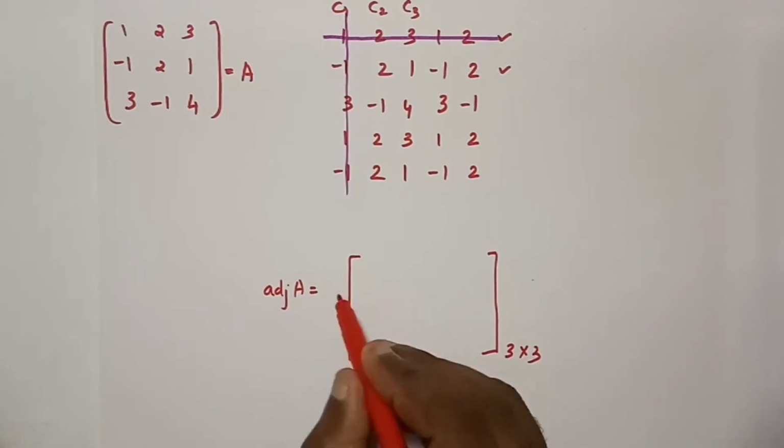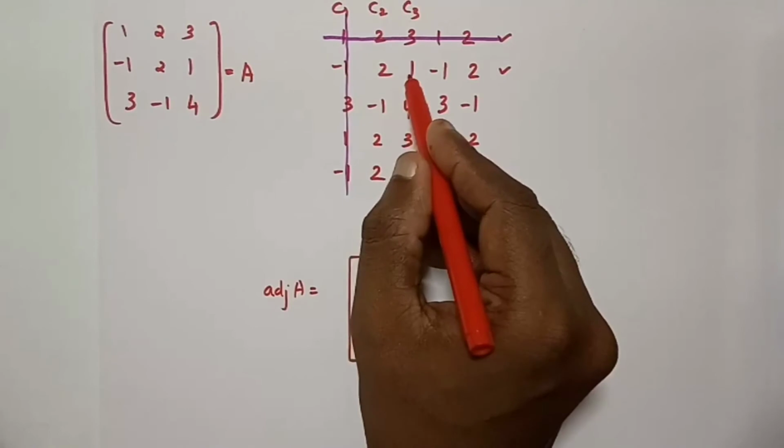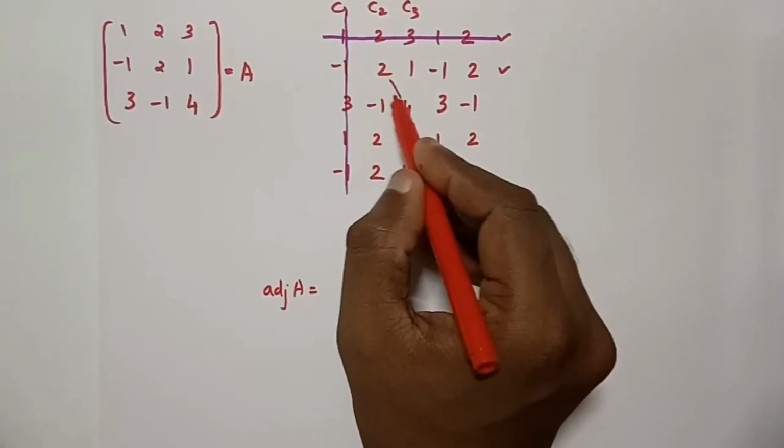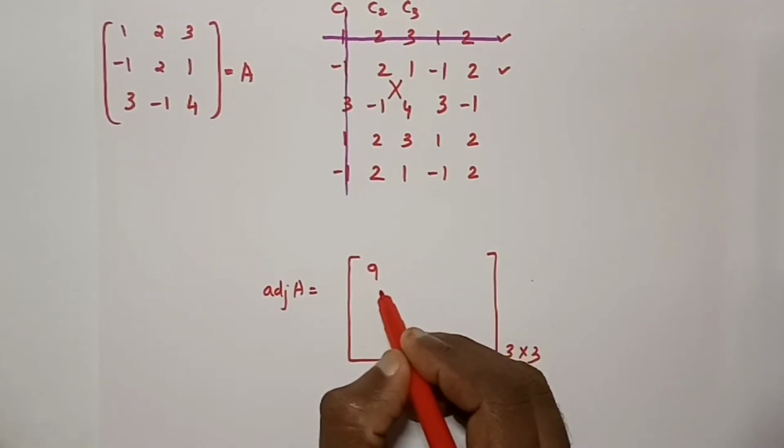The first entry is simply given by 4 into 2 minus 1 into minus 1, and that is nothing but 9.